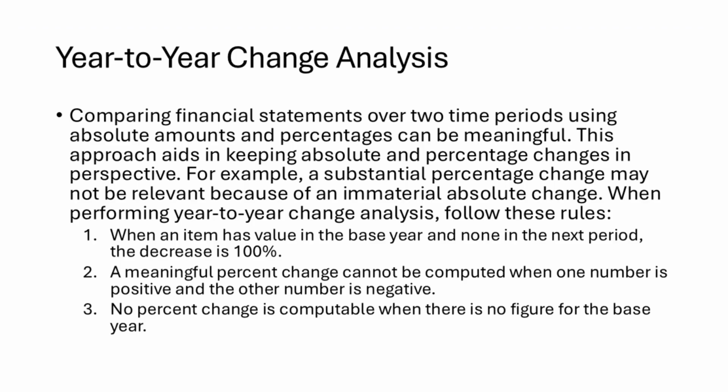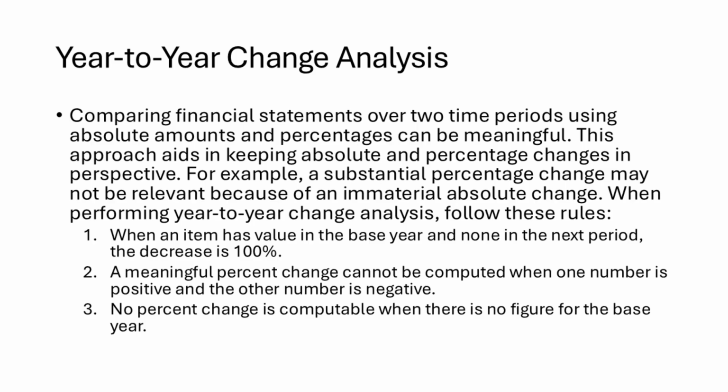Comparing financial statements over two time periods using absolute amounts and percentages can be meaningful. This approach aids in keeping absolute and percentage changes in perspective. For example, a substantial percentage change may not be relevant because of an immaterial absolute change. When performing year-to-year change analysis, follow these rules.